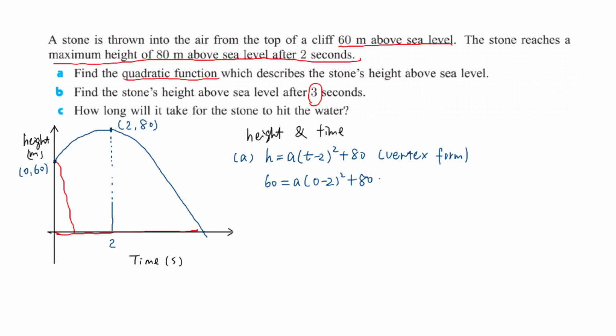We can simplify the right side: negative 2 squared equals 4, so 4a plus 80. Solve this linear equation, 60 equals 4a plus 80, a equals negative 5. So we find the coefficient a is a negative number, which means the parabola opens downward. So h equals negative 5 times (t minus 2) squared plus 80.